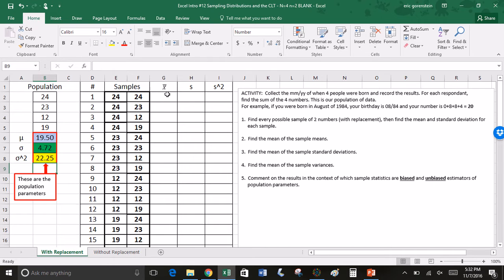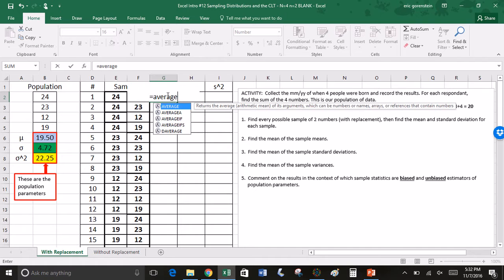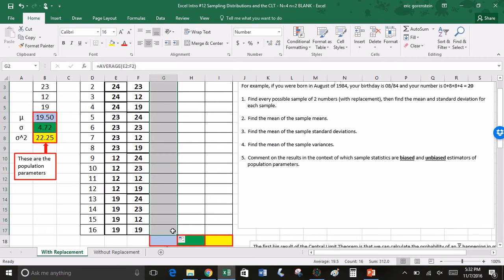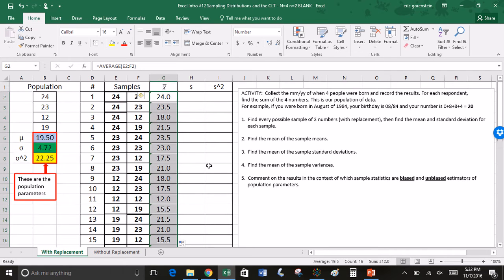I want to calculate the individual sample means. So we could say equal average of these 2 numbers to the left. If you can do 1 sample mean, you could do 100 very quickly with Excel. I will just copy this formula down. So these are our 16 individual x bars, our individual sample means.